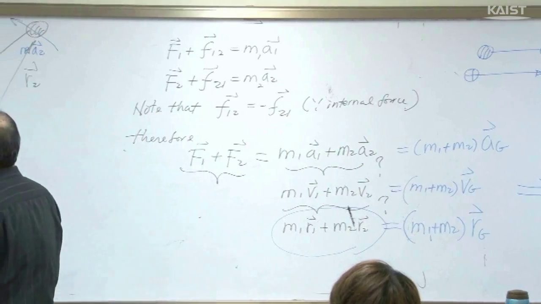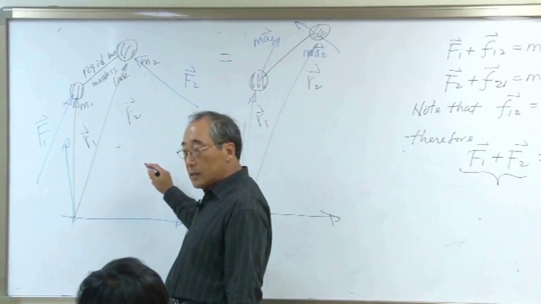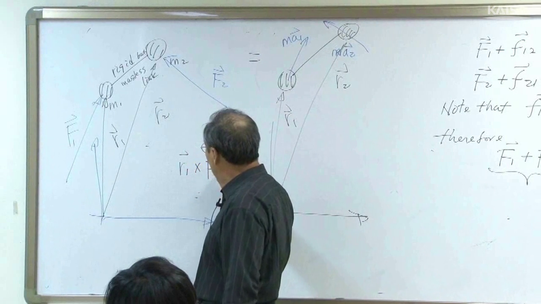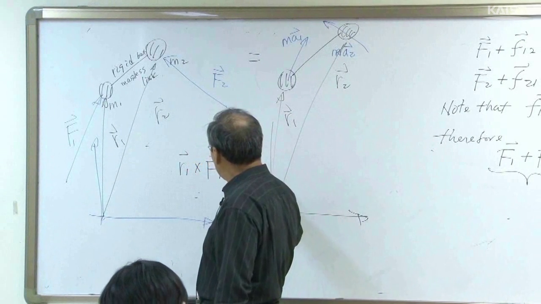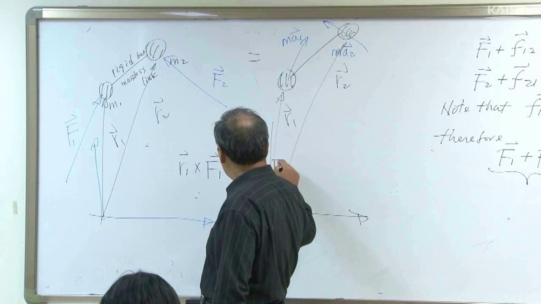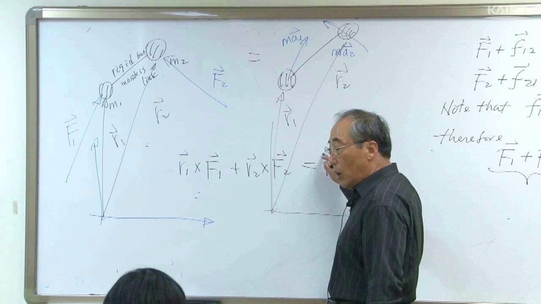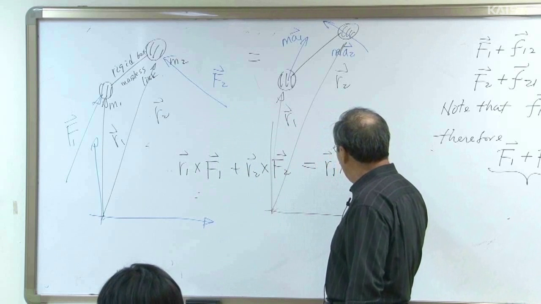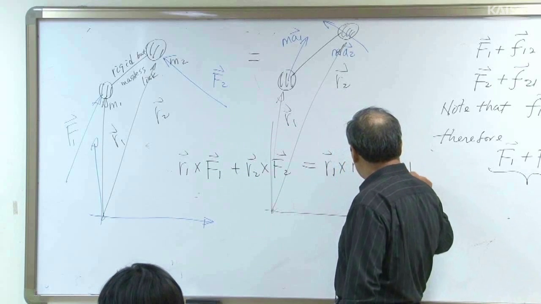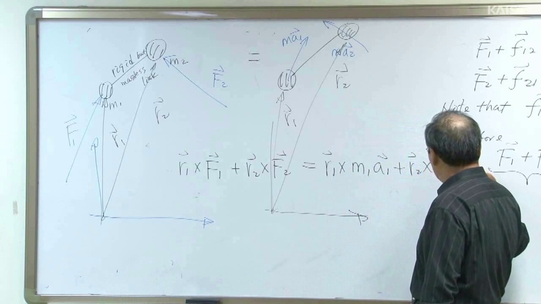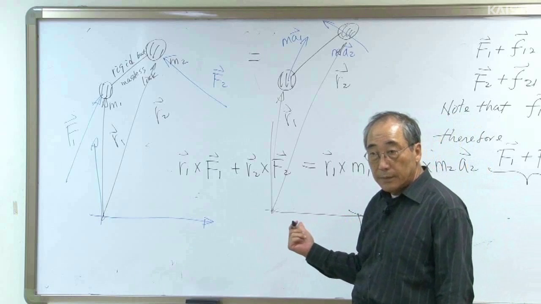Okay, then what I can say is R1 vector cross product F1 vector plus R2 vector cross product F2 vector has to be equal to R1 cross product M1 A1 vector plus R2 cross product M2 A2 vector. Is it correct?